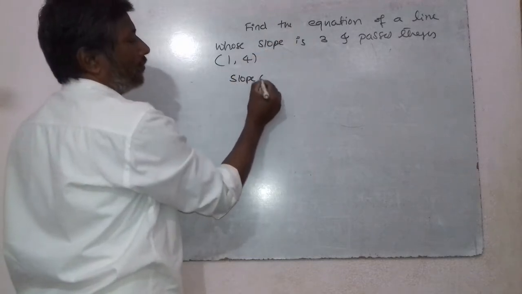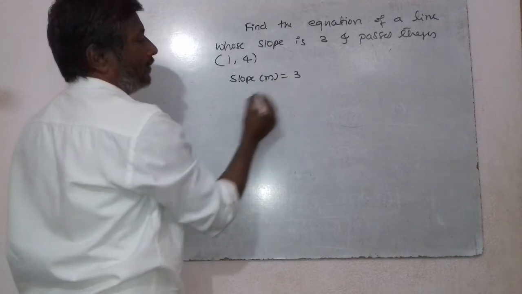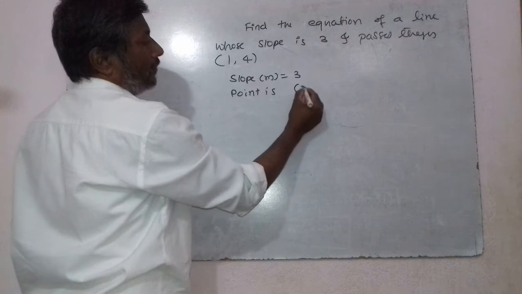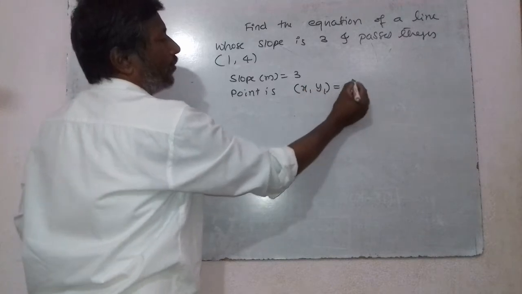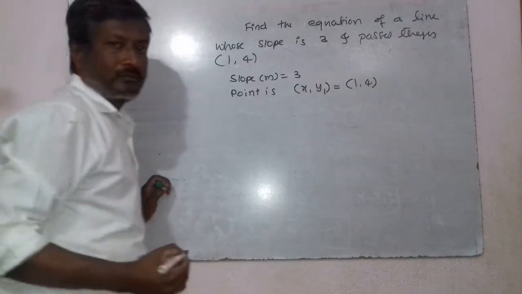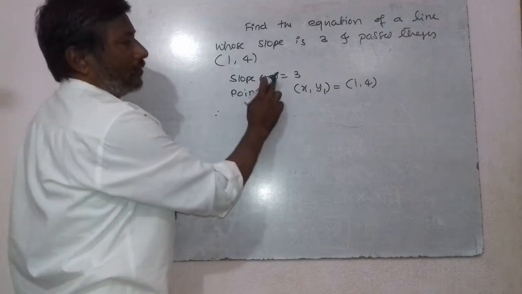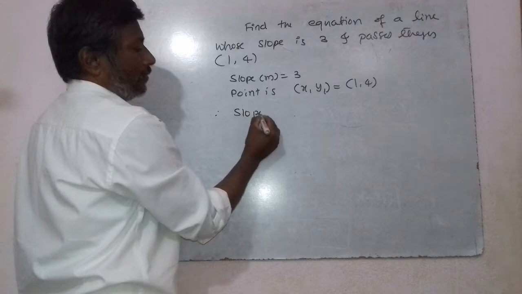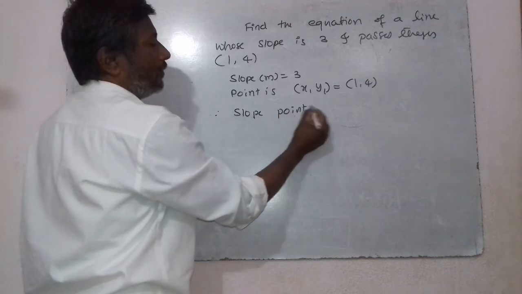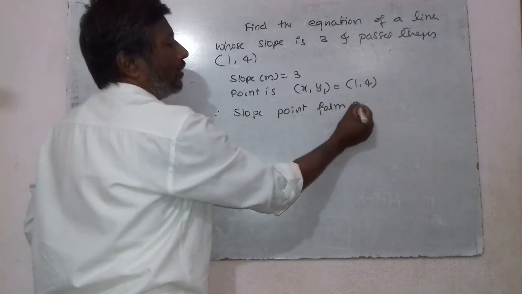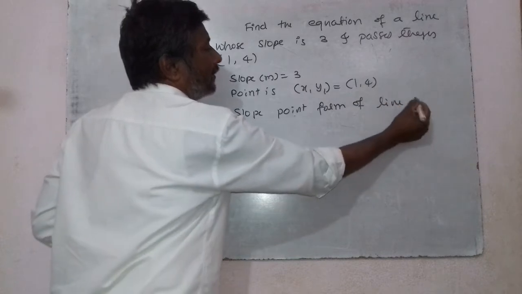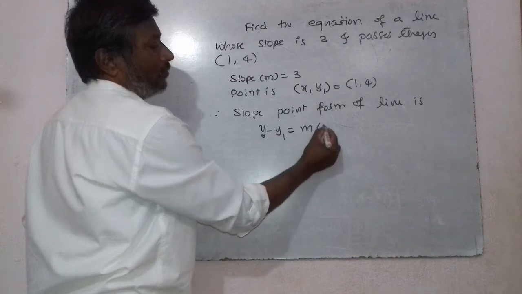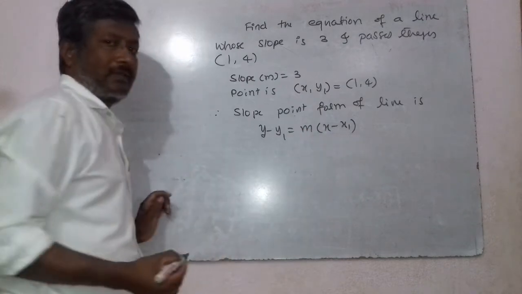Slope m equal to 3, point is x1 y1 equal to 1 comma 4. Therefore the slope point form of the line is y minus y1 equals m into bracket x minus x1.